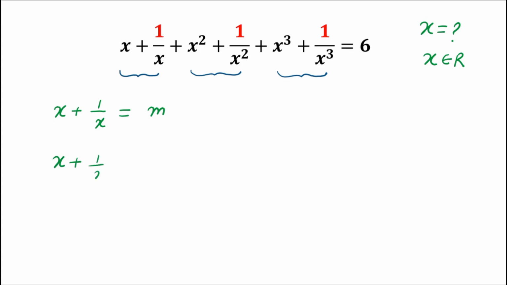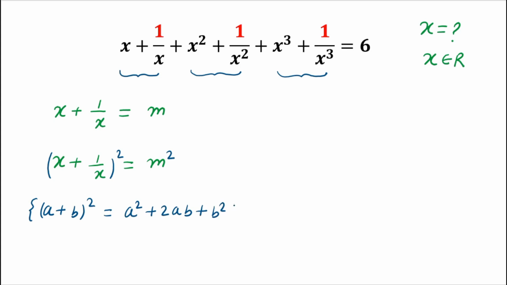We have x plus 1 over x equal to m, and here if we take the square on both sides, on the left hand side we will apply a plus b whole square, and we know that a plus b whole square is a square plus 2 times ab plus b square.